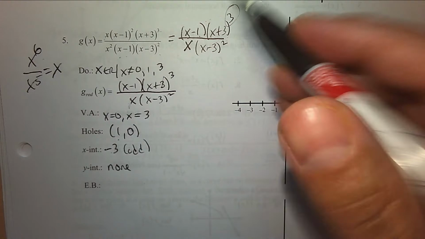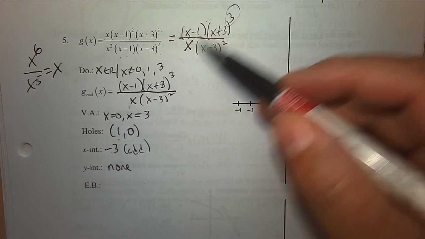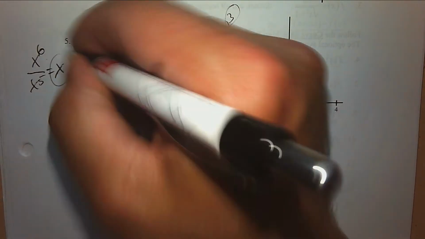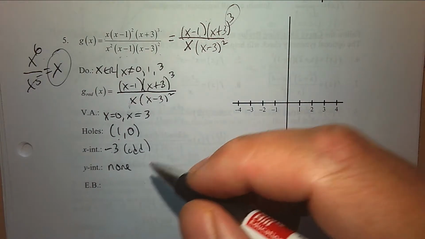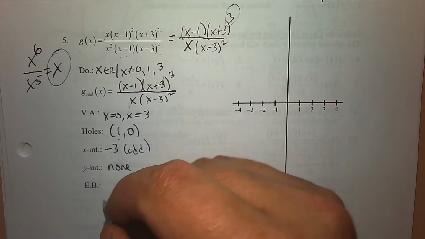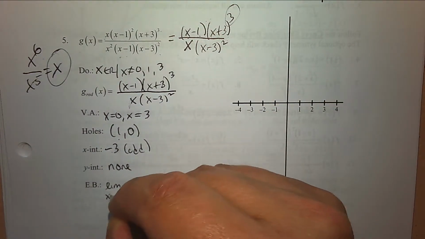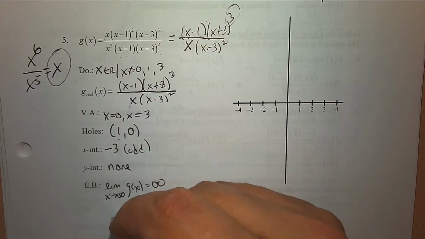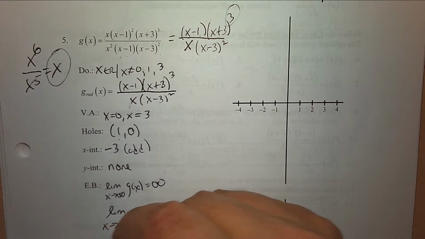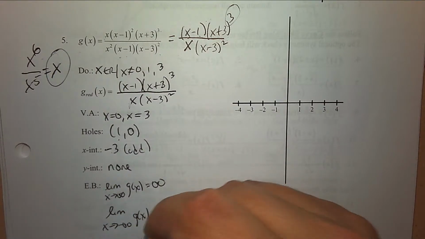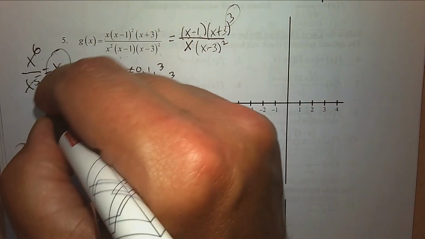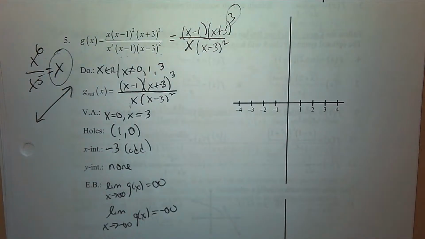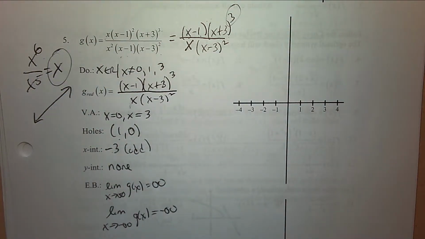And if you took the reduced to be x to the 4th over x to the 3rd, it would still reduce down to just what? X. So where's the right end going? Good. So the right end is going to infinity. Where's the left end as a limit going? Negative infinity. Because y equals x is just a slanted line, right? Where the right end is up and the left end is down.